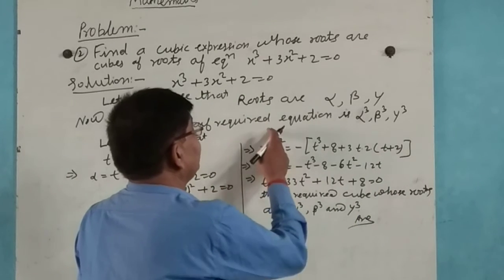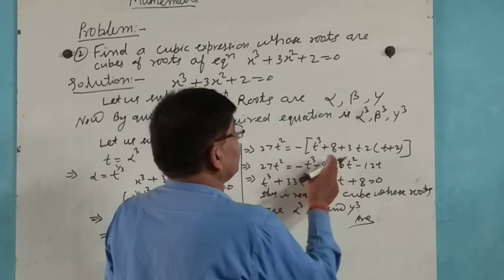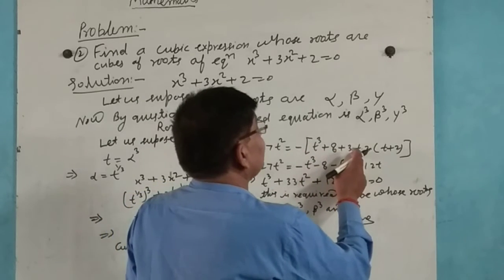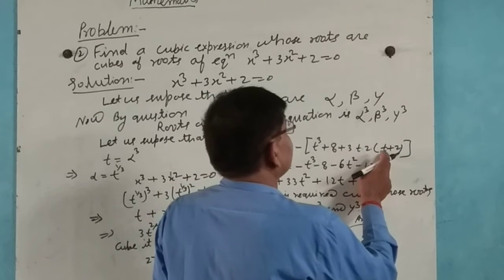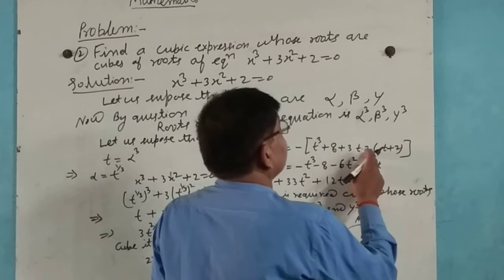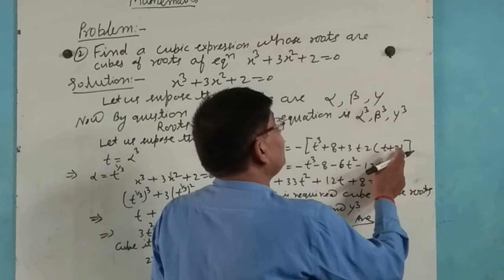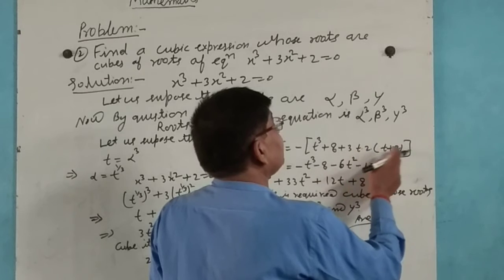Here 27 t square, and this t cube is negative; 3 times 2 is 6t, and t gives 6t square; minus 6t square, and 6 times 2 is 12t.